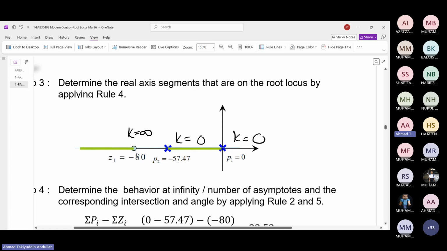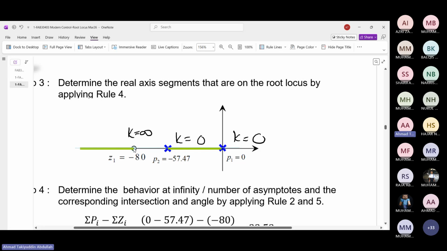Why? Because in the definition, the real axis segment will be just the existence of a straight line on the real axis whenever we have the total of finite poles or finite zeros, or a combination of these finite poles and finite zeros, equal to an odd number.